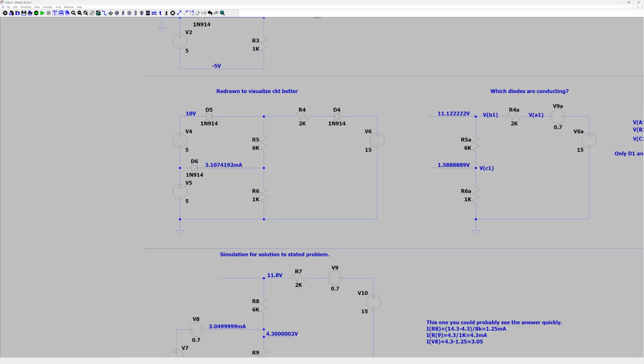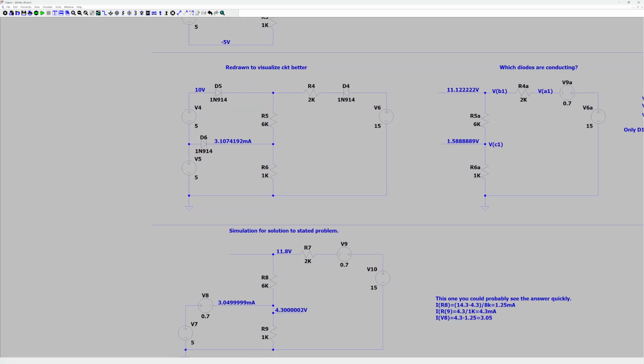Since these are simulations, every one of these is going to have a different reference designator, so just remember that as I go through this. So D6, which was D3, and using real diodes, you get 3.1 milliamps. It's a good answer, but it's not the answer to the problem as it was stated.